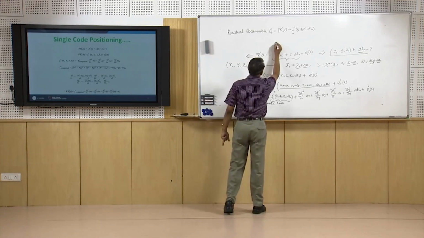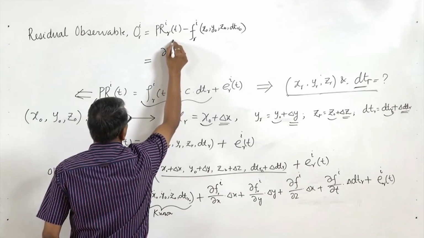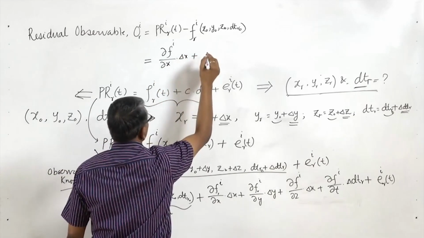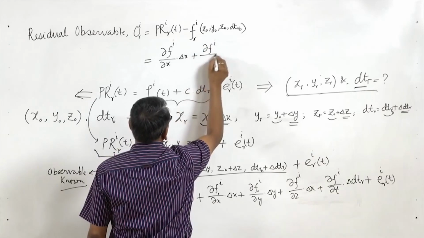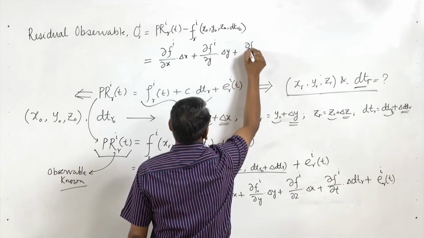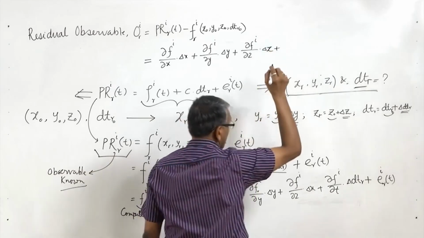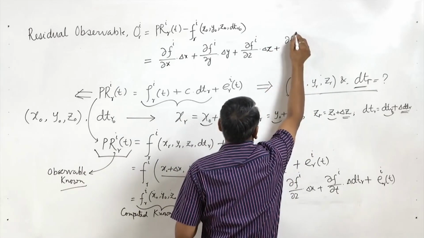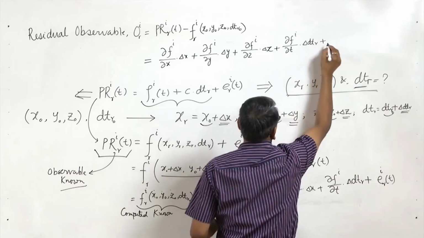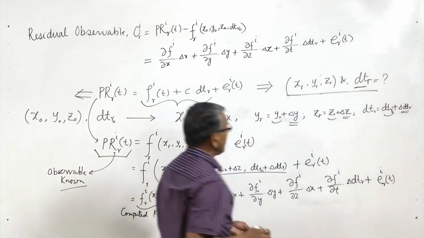Now this is equal to the first derivative of the function with respect to x times del x, plus the first derivative with respect to y times del y, plus the first derivative of the function with respect to z times del z, plus the first derivative of the function with respect to time, plus the error, the residual error in the observable.